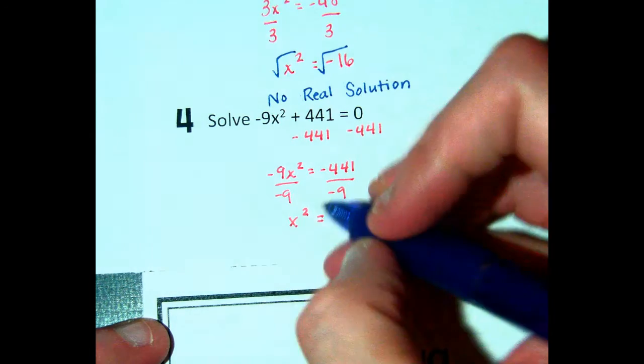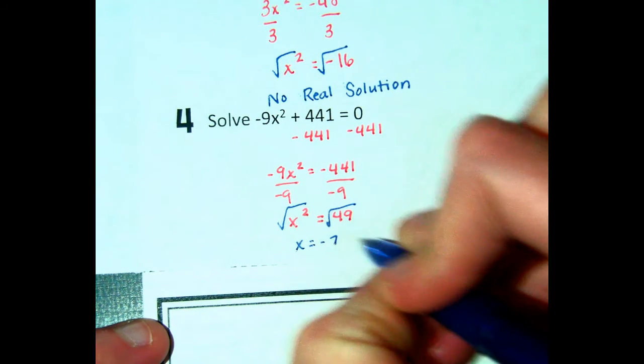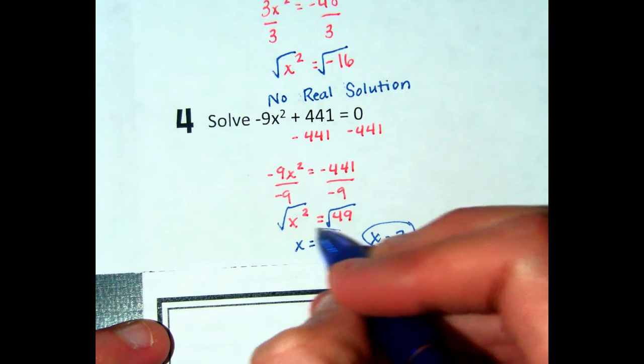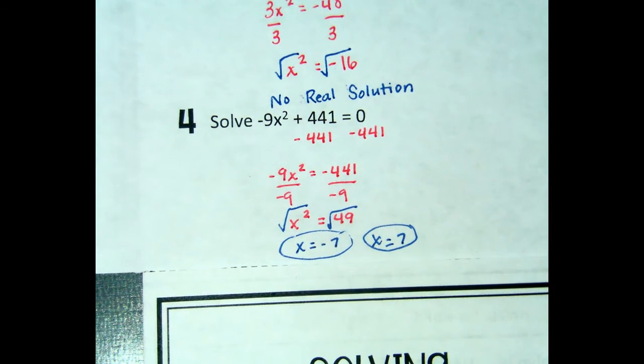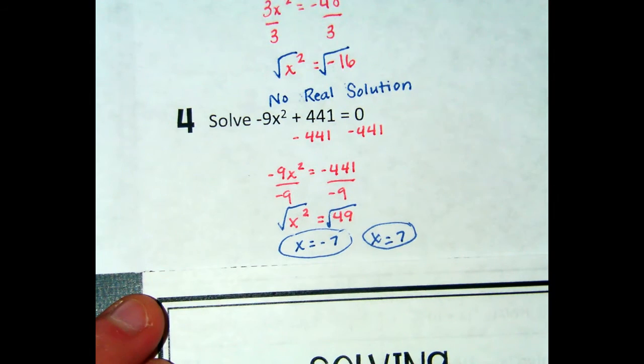Okay, then what? X equals negative 7, x equals positive 7. So see, the negatives canceled each other out there. Negative divided by negative became a positive. So that's why it's like that. We are going to do the bottom type tomorrow, not today.